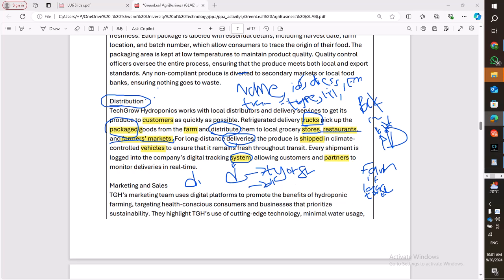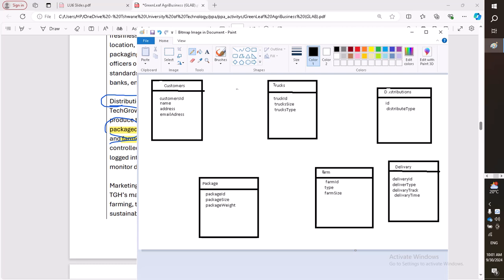So okay, now I'm connecting all of these things. The package first has a relationship with the truck, and when I read again, I found that the client has a relationship with the package, and also how they distribute. Then the truck is the one that's going to distribute, and also how they will distribute.